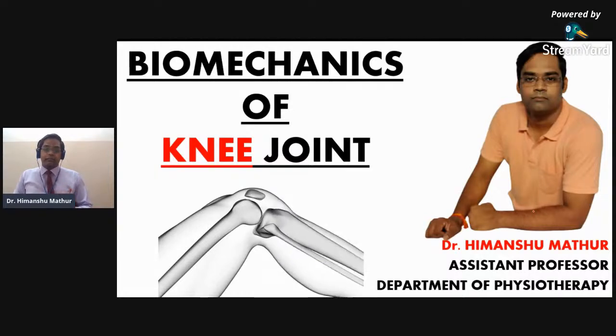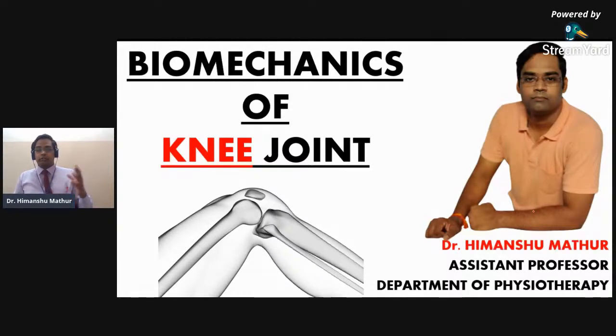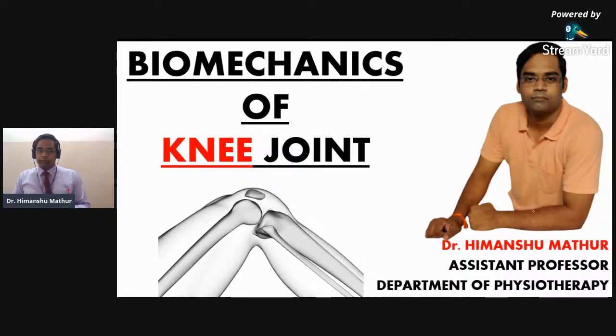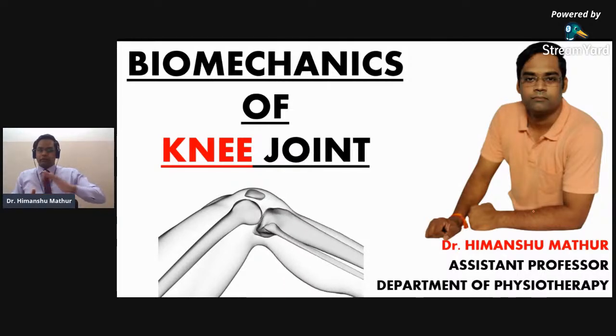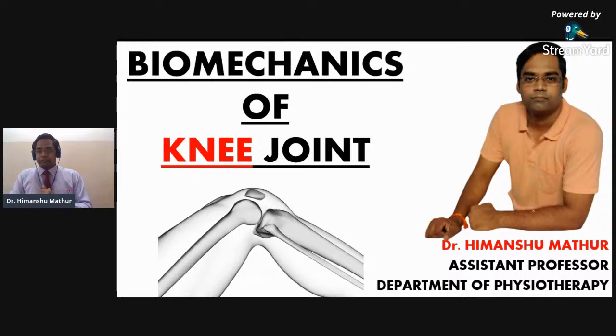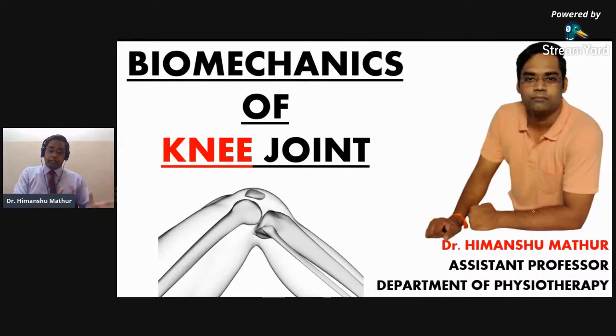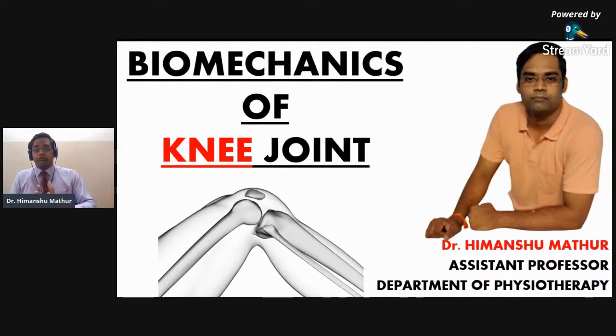It is a condylar variety joint because the condyles of the femur articulate with the condyle of the tibia. We have classically convex condyles of the femur, and relatively flat surfaces of the tibia with which the condyles of the femur articulate. The articular surfaces of the tibia are quite flat.